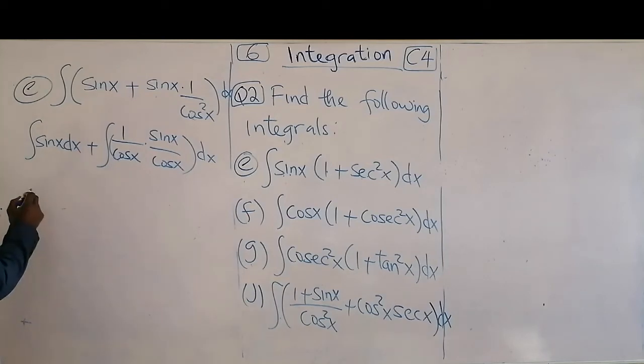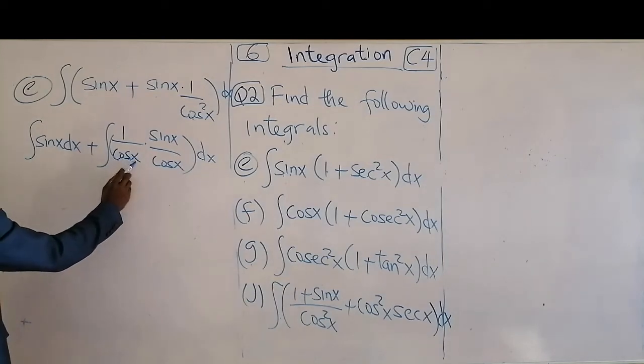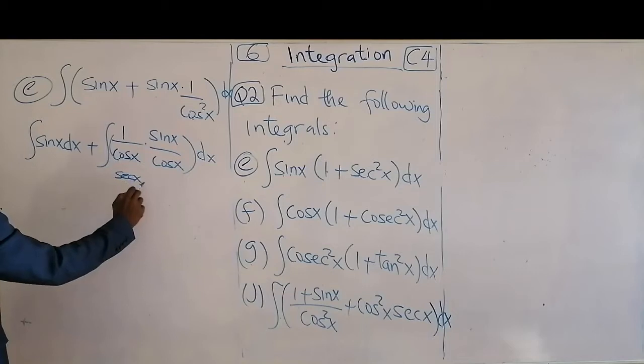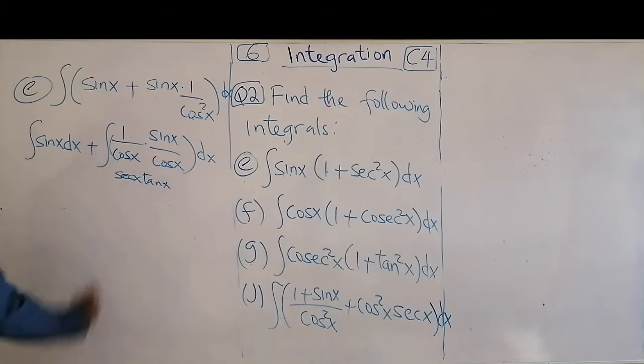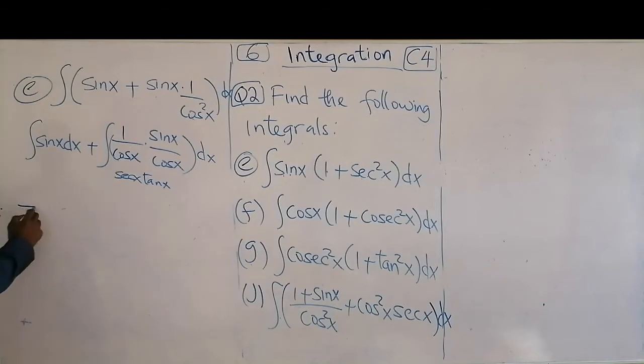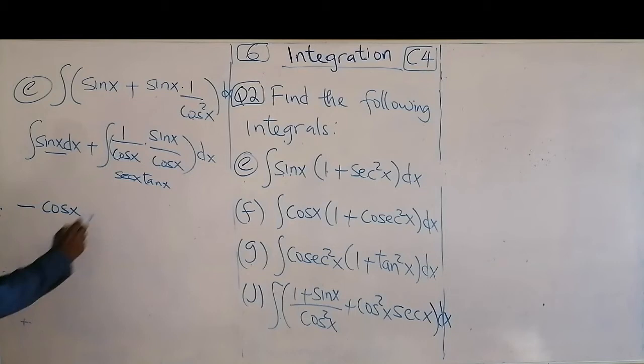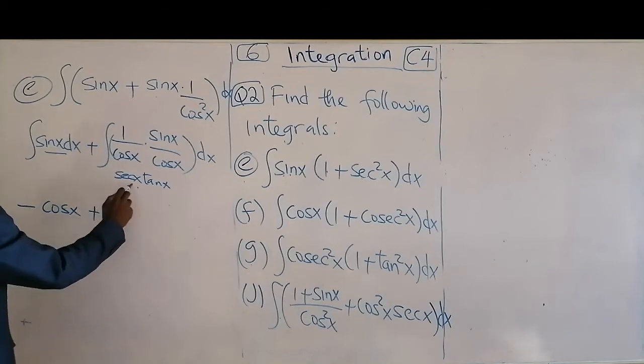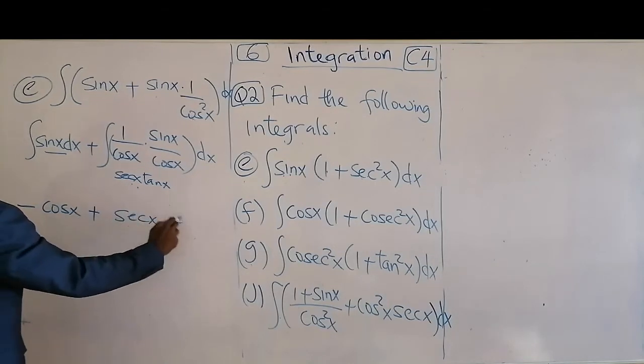That will be equal to sec x and tan x. So the final answer will be minus cos x, that's for the integral of this. The integral of this is sec x plus c.